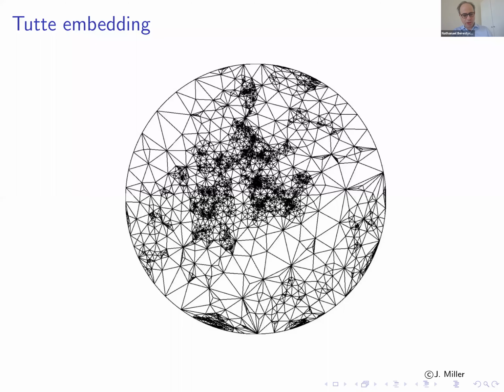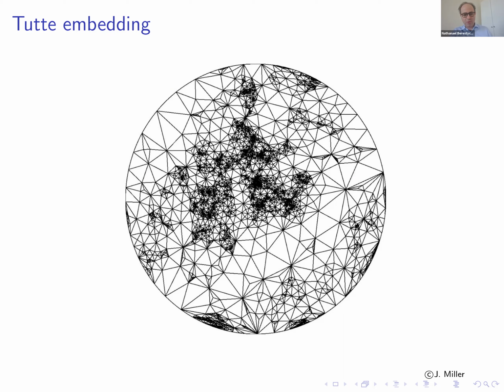By definition, the position of the vertices will give you a harmonic function on your graph. So by definition, the position of the random walk on this embedded graph will have the property that it's a martingale.